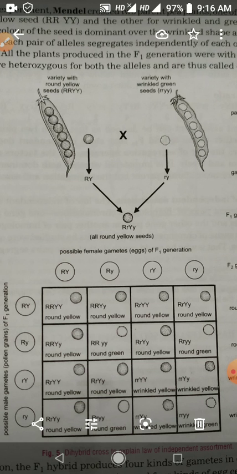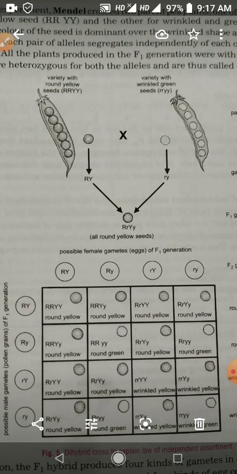If there is a cross between plants with seeds round and wrinkled, and cross between seeds yellow and green, then in F2 generation, a cross between round and wrinkled produces 3 round and 1 wrinkled.